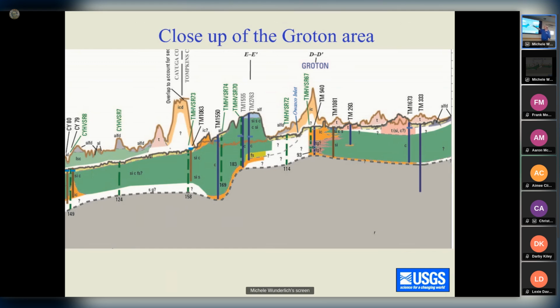There are two supply wells in Groton in the valley deposits. There are some fine-grained units here, but there's a lot of sand and gravel in this area. So this is potentially a place for recharge to get into the deeper aquifer, or certainly it can go to these wells here.